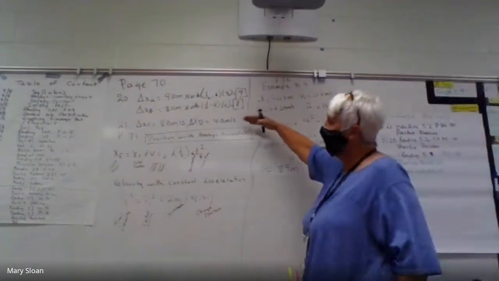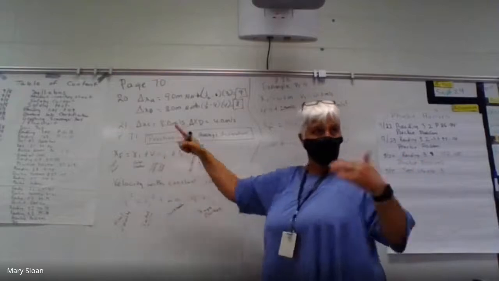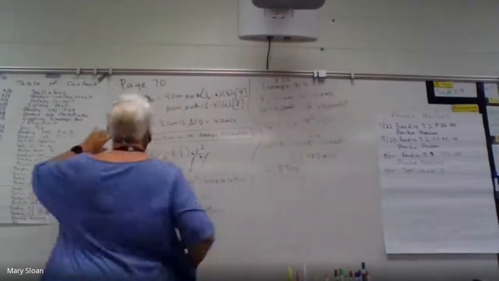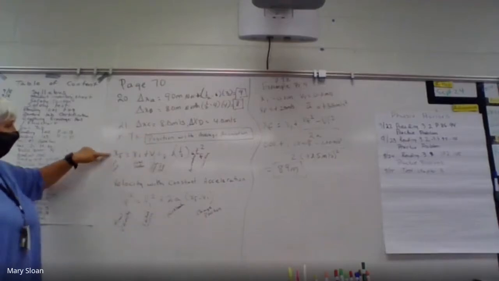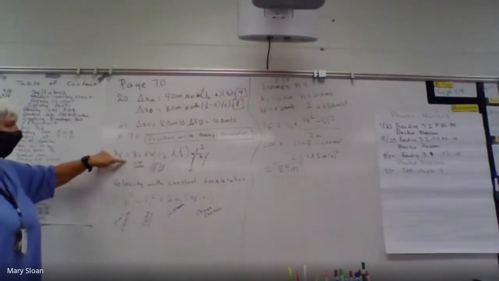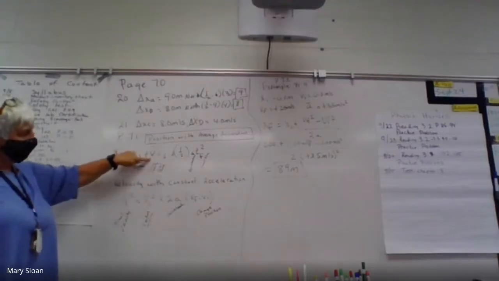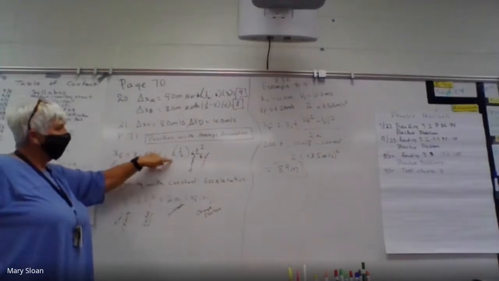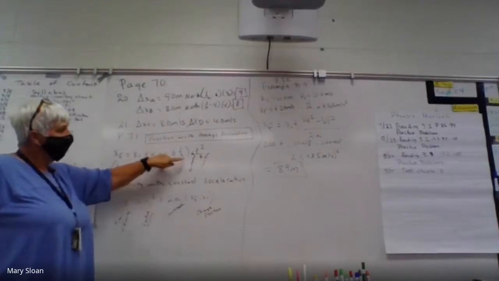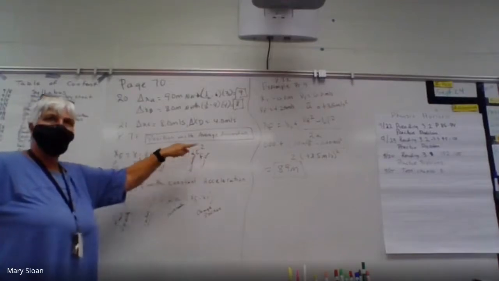The next thing that you see is page 71, which is continuing on. When you look at position with average acceleration, that is position final equals position initial plus velocity initial times time final plus 1/2 of acceleration times time final squared.